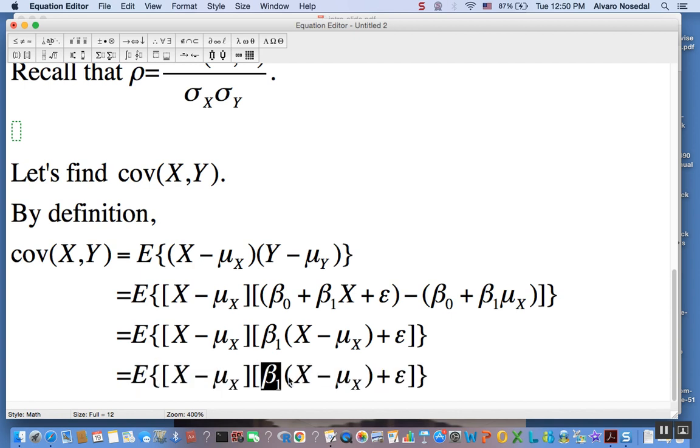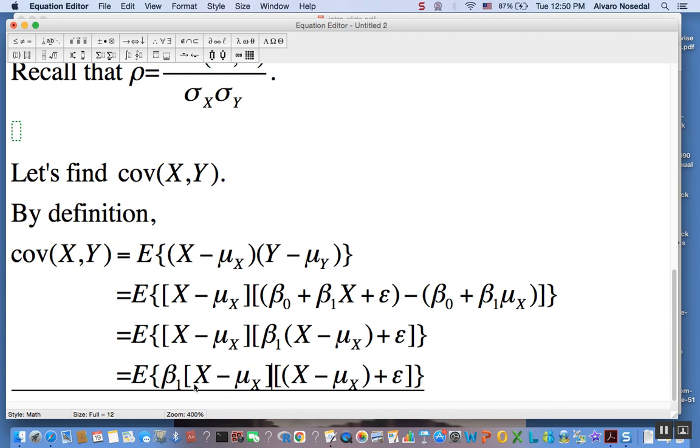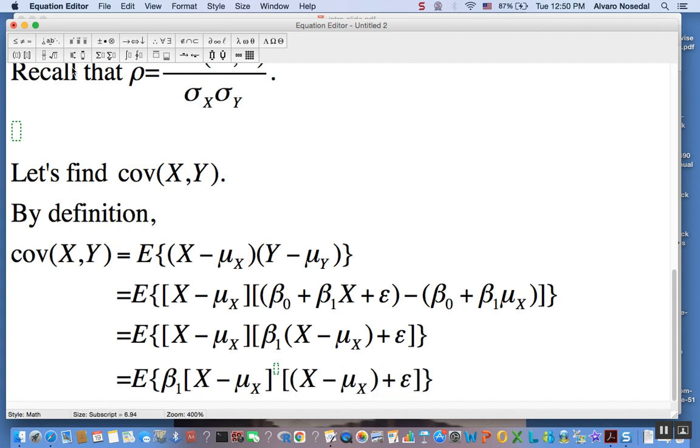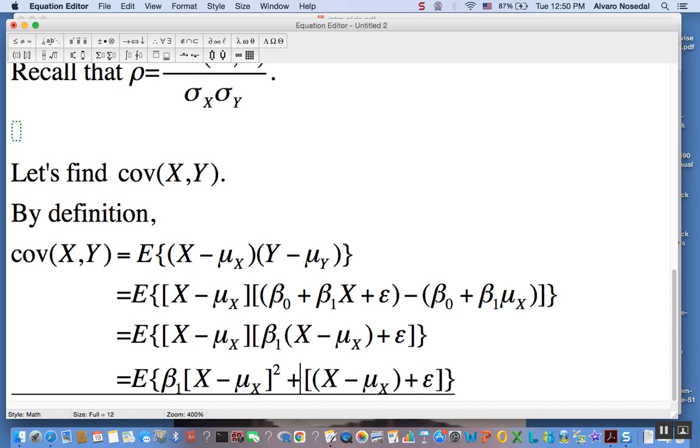This would be just beta 1 times x minus mu sub x squared plus x minus mu sub x times epsilon, right?